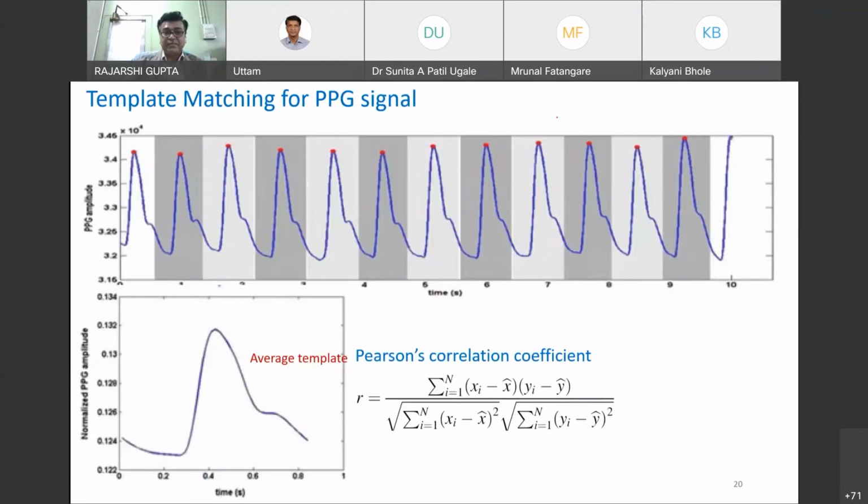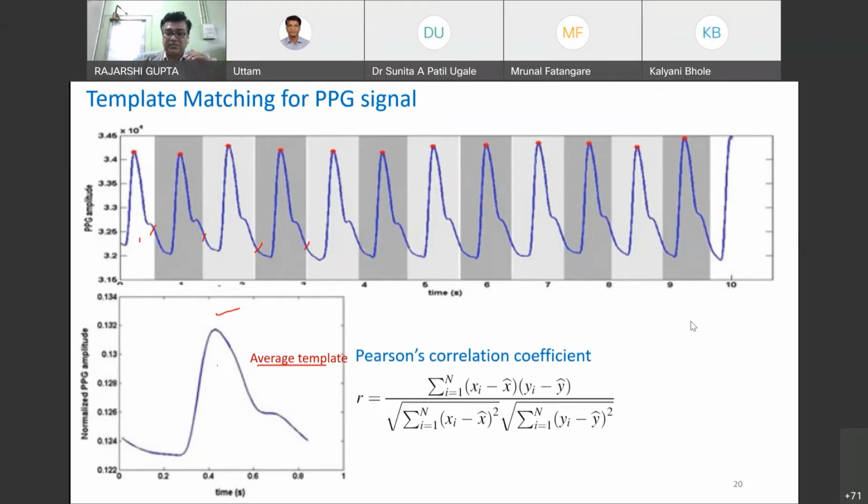Now, in the case of the PPG signal, the basic approach is the same. Here also, these lines show the beats or segmentations. This is the average template, or you can call it the reference template. It is clean, so you can calculate the correlation of this reference template with the individual beats.